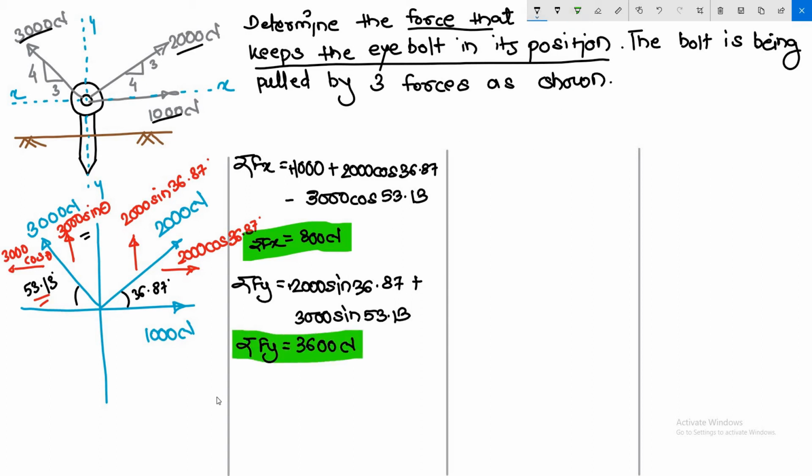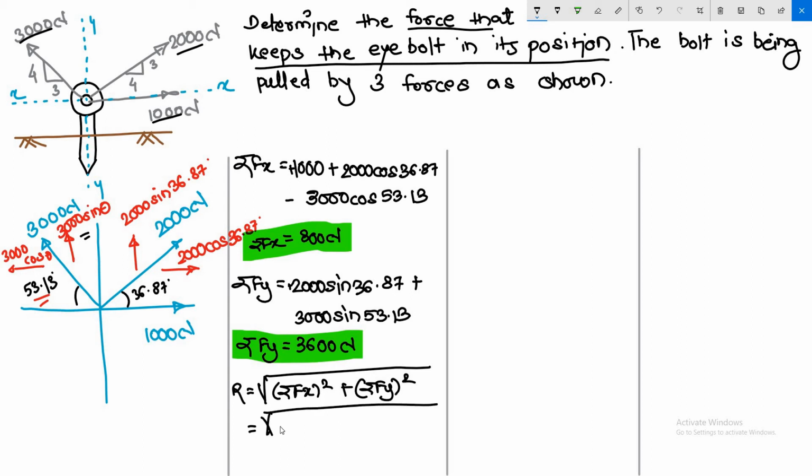Now the third step is to determine the magnitude of the resultant. For that we have the formula: square root of summation Fx square plus summation Fy square. And what are the values of summation Fx and Fy for our problem?